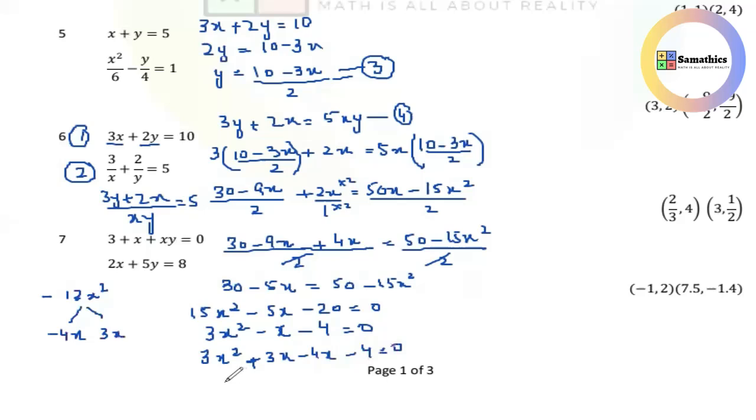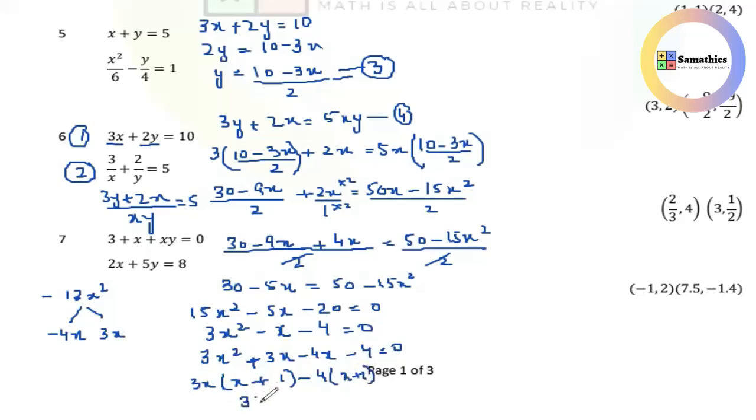So we will have 3x as common, (x plus 1), minus 4 is common, (x plus 1).